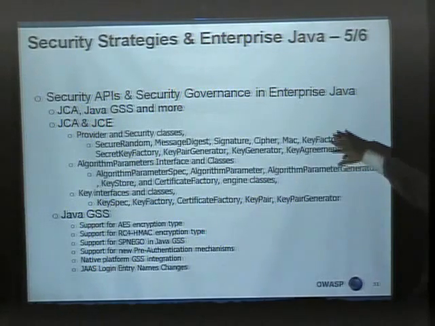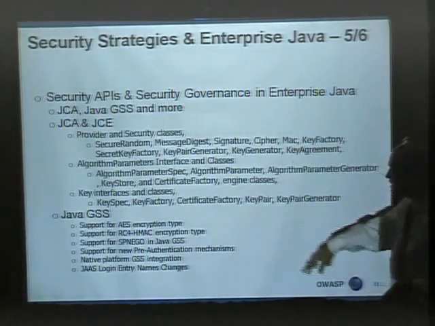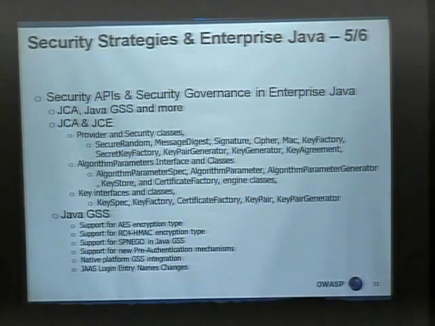And once again, I have listed all the classes and interfaces that are going to help you in properly taking care of how to encrypt the information. For example, provider and security classes, algorithm parameter interfaces and classes, a host of them are there.